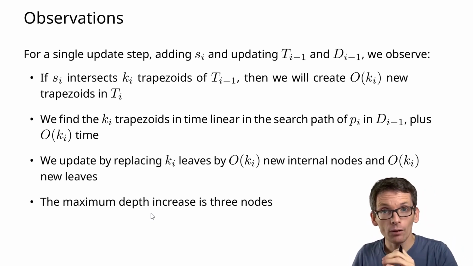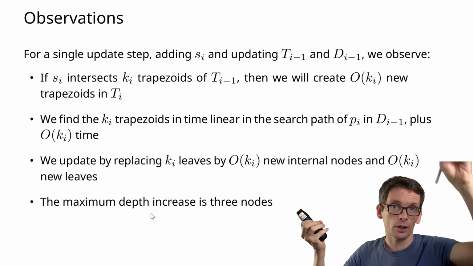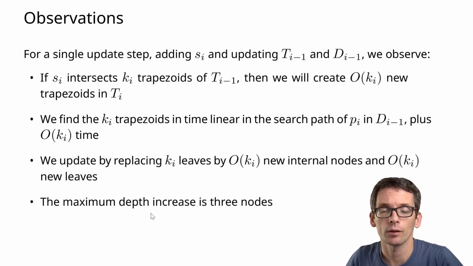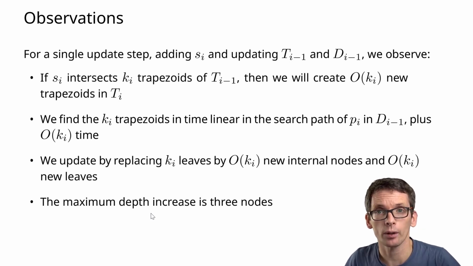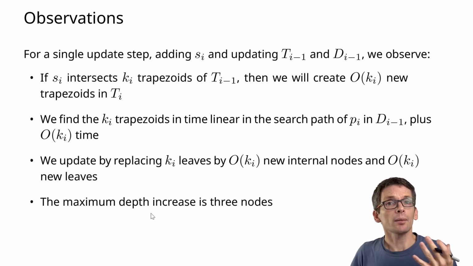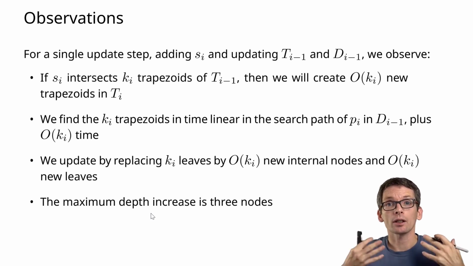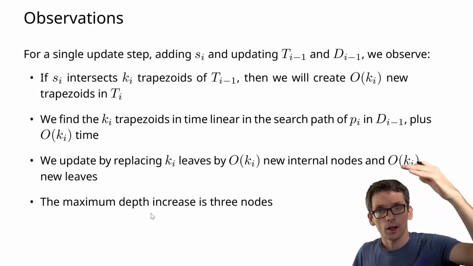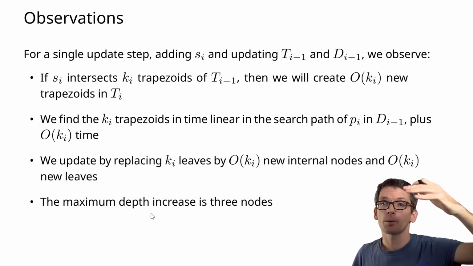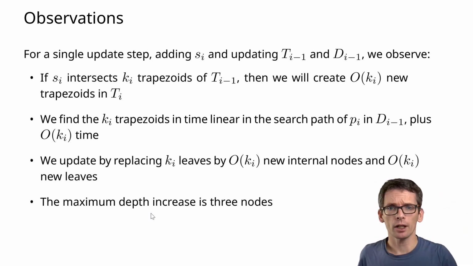We find those by first starting a search in Di and then linear time in the vertical decomposition. And then we can update the search structure as described just now. What does that mean for the search structure as such? How does it increase? In terms of how much deeper it becomes, the maximum is by 3 nodes. Can we actually get this depth increase of 3?